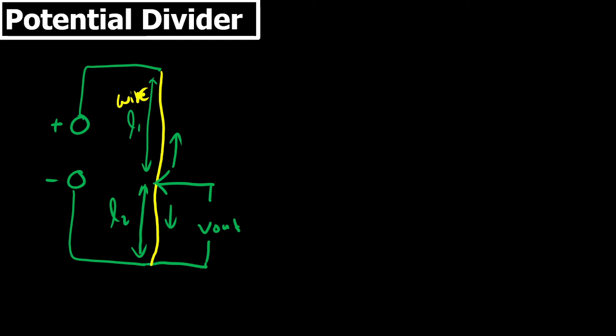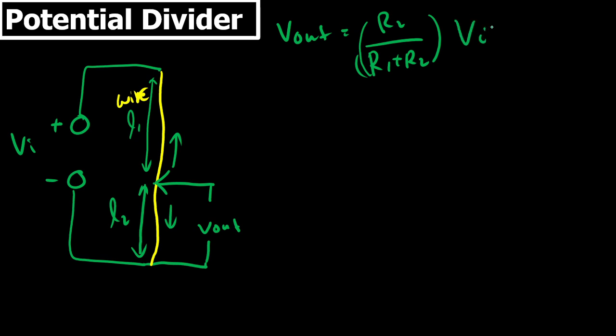That leads to a change in the output voltage. So in the end, V out is equal to R2 over (R1 plus R2) times V in, if we refer back to our equation on the previous slide. But because now you know that R equals rho L over A, and if the whole wire is made of the same material, then rho is the same for both L1 and L2.